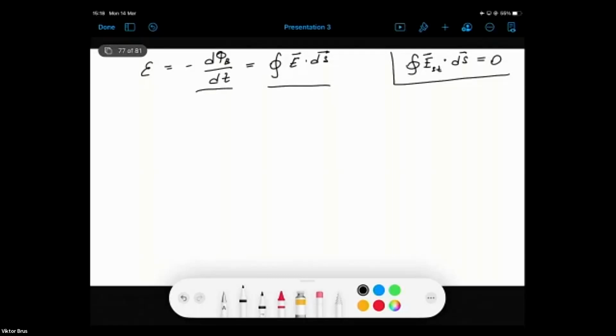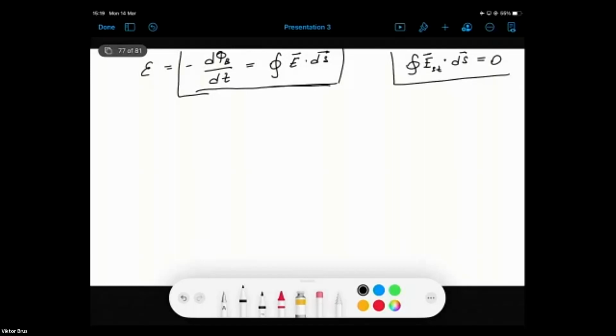However, we see here that for induced electric field, which doesn't have charges as sources and is formed because of a changing magnetic field in the vicinity of the point where we consider it, the integral is not equal to 0.